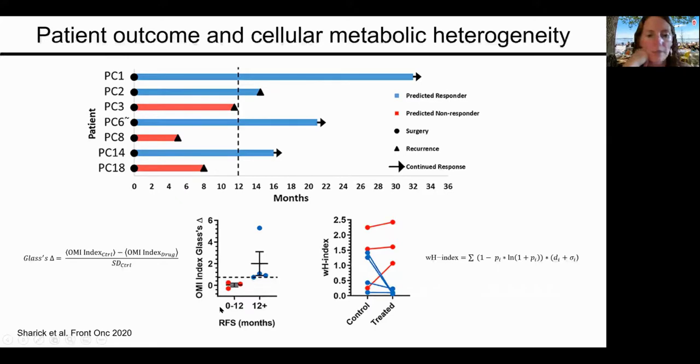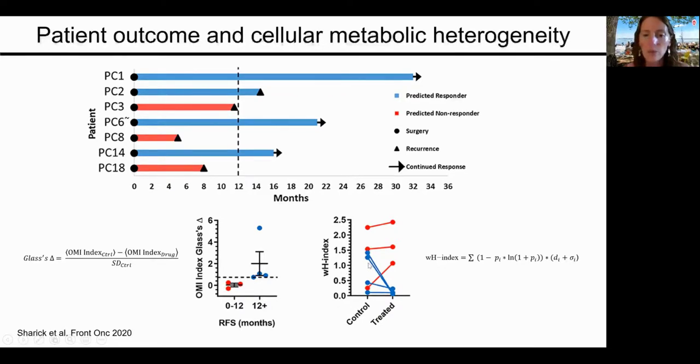That's what this swimmer plot's about. So you can see that the predicted non-responders had a much lower change in their OMI index compared to those we predicted would respond to treatment. So that checks out with how we define our OMI index in our previous studies. We also quantified the weighted heterogeneity index, which I define here again for you.